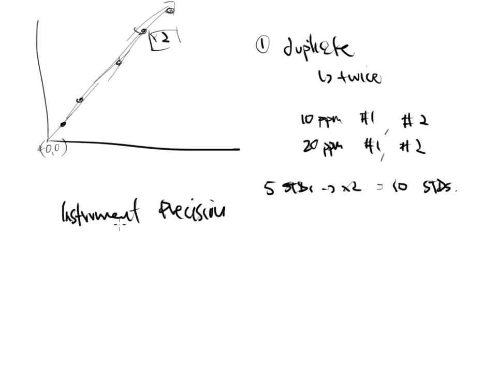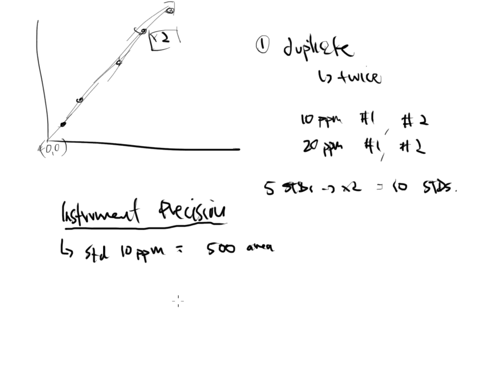So what happens when we run duplicates in a laboratory is that we have an instrument here and we're testing how good the instrument is at picking up the data. So let's say that I run standard 10 part per million and I get a signal of 500 area on the instrument.